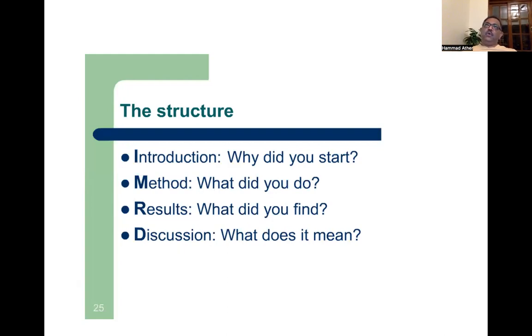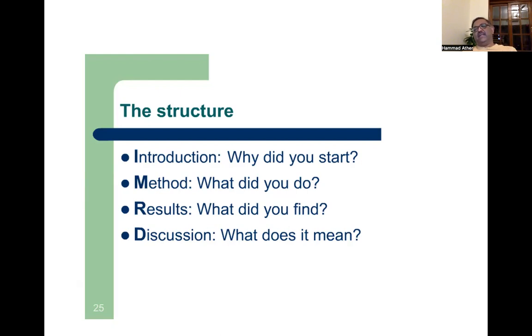For example, if you are working on robotic assisted partial nephrectomy, you're not going to write the history of kidney cancer and nephrectomy. Your introduction is only a specific 2.5, 3 short paragraphs. And they should answer one simple question: why did you start to work on that subject?